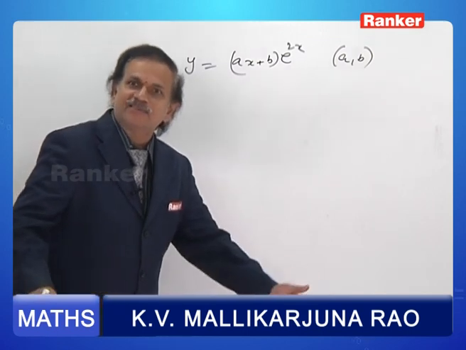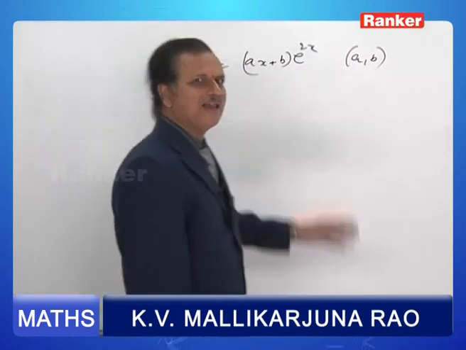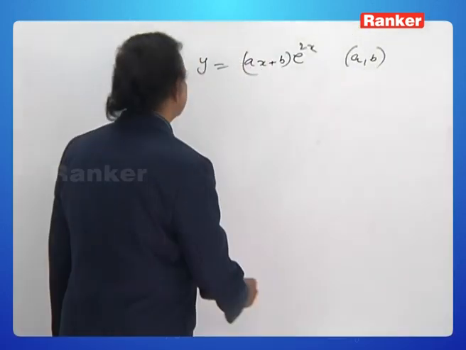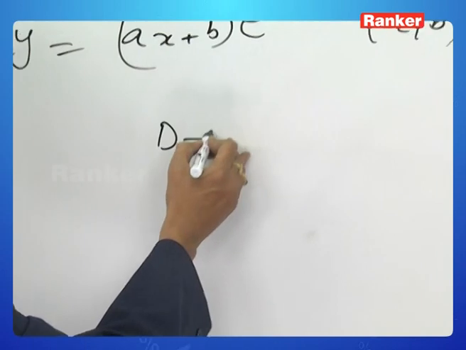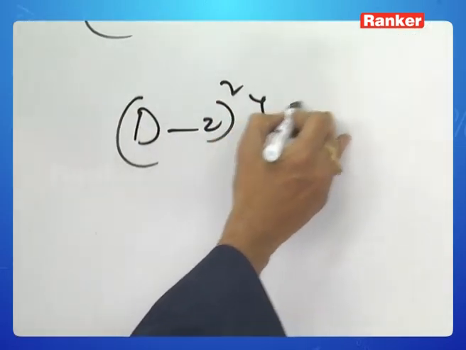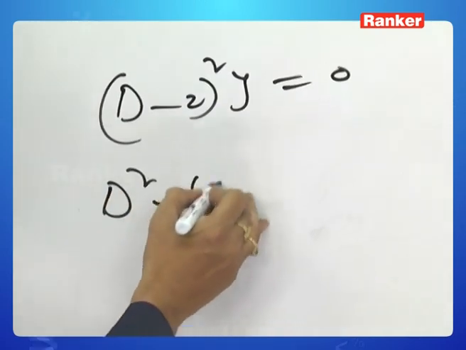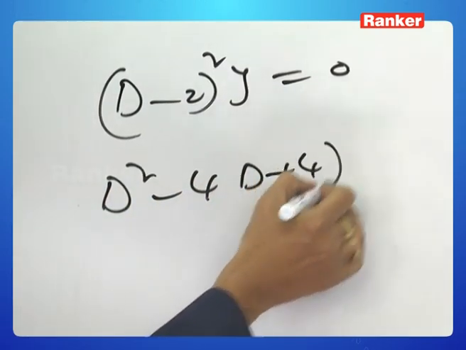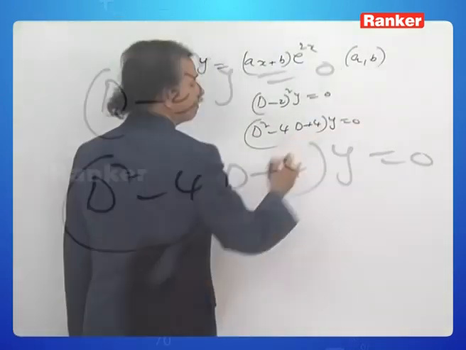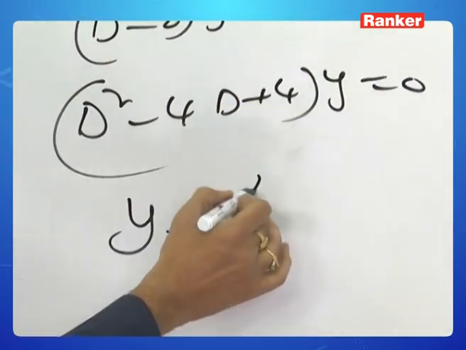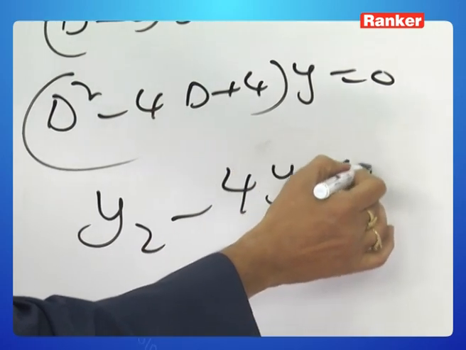You can avoid them for this model. How? This is just nothing but (D minus 2) whole square of y is equal to 0. That is D square minus 4D plus 4 of y is equal to 0. That is D square of y is y2, 4D of y is 4y1, plus 4y is equal to 0.